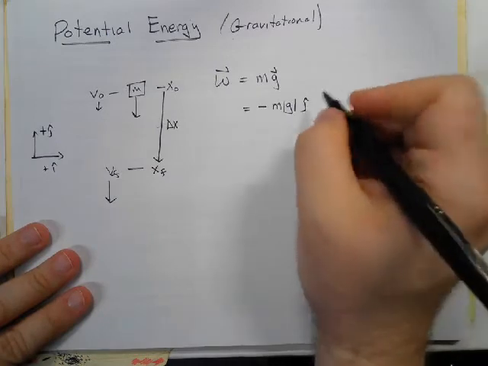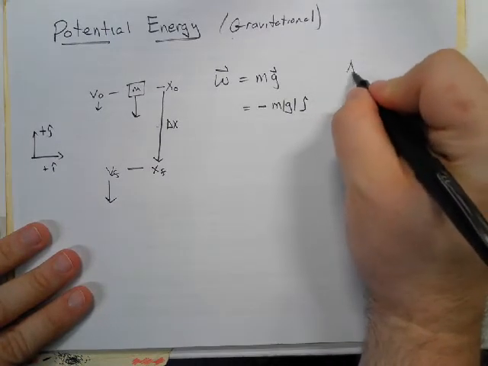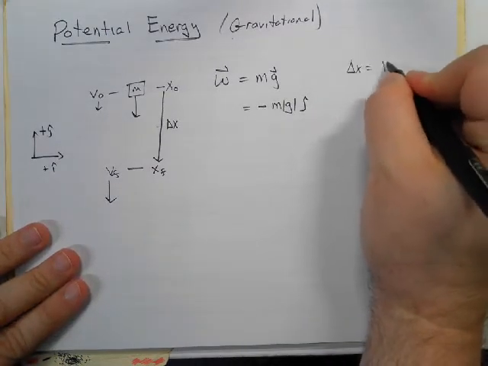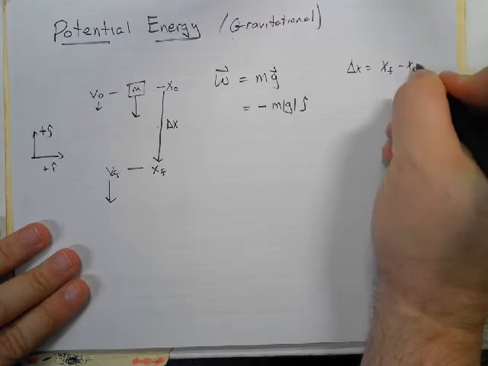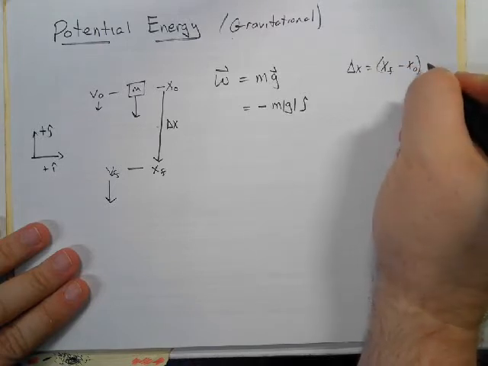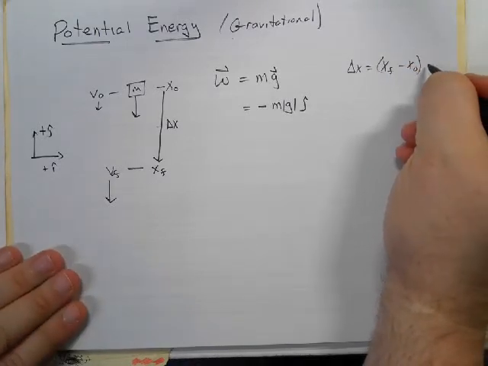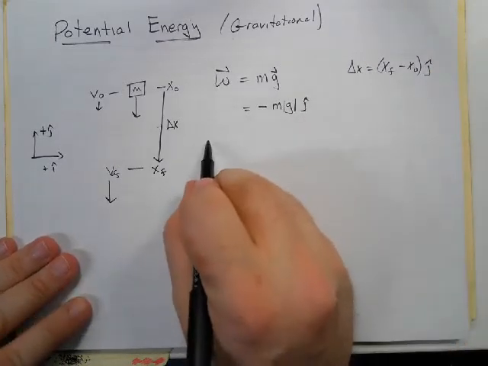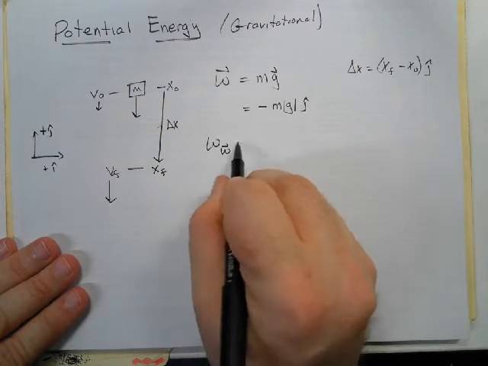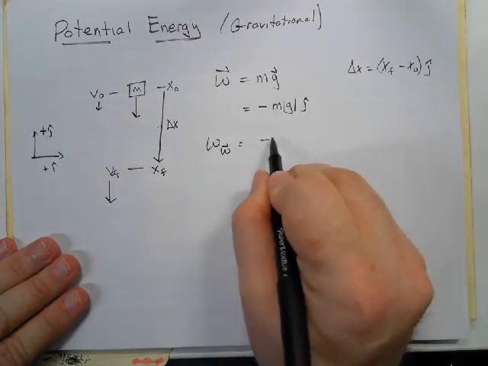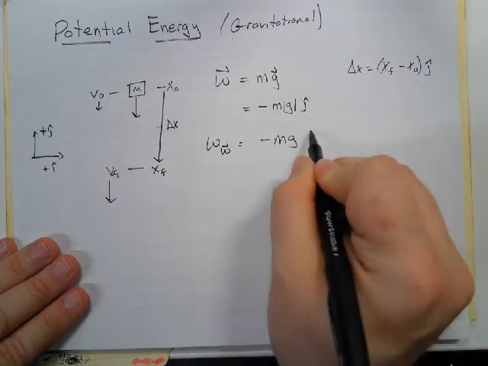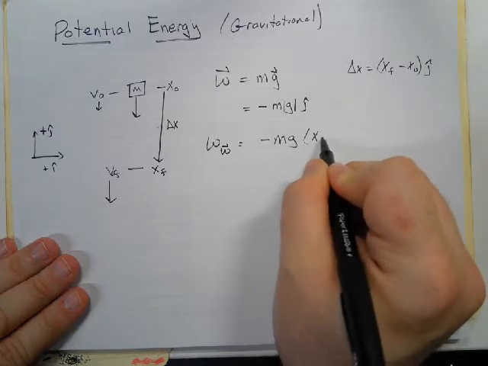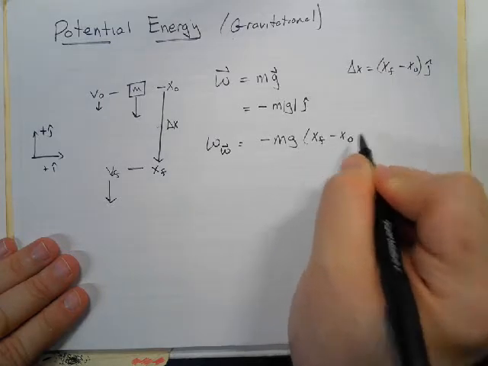All right. And then our displacement is going to be x final minus x initial, and that's going to be in the j hat direction. So when we do the work that the weight force does, that's going to be minus mg times x final minus x initial.